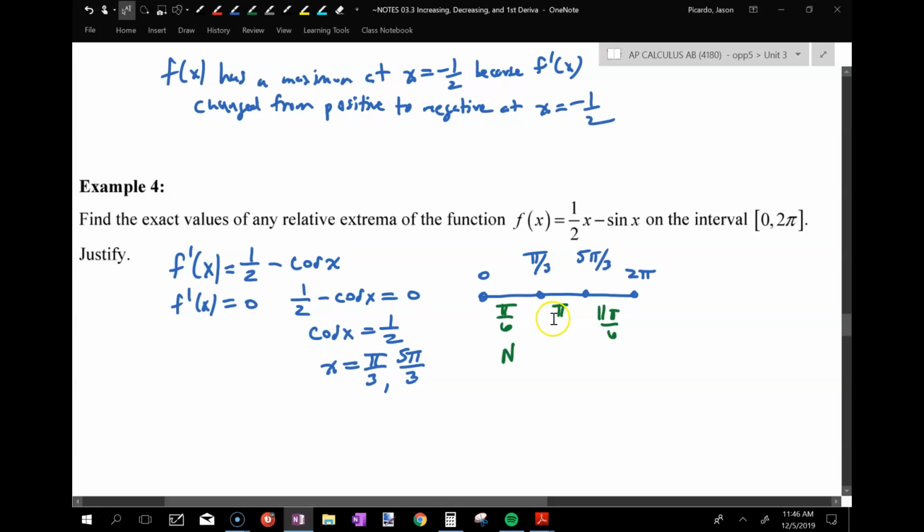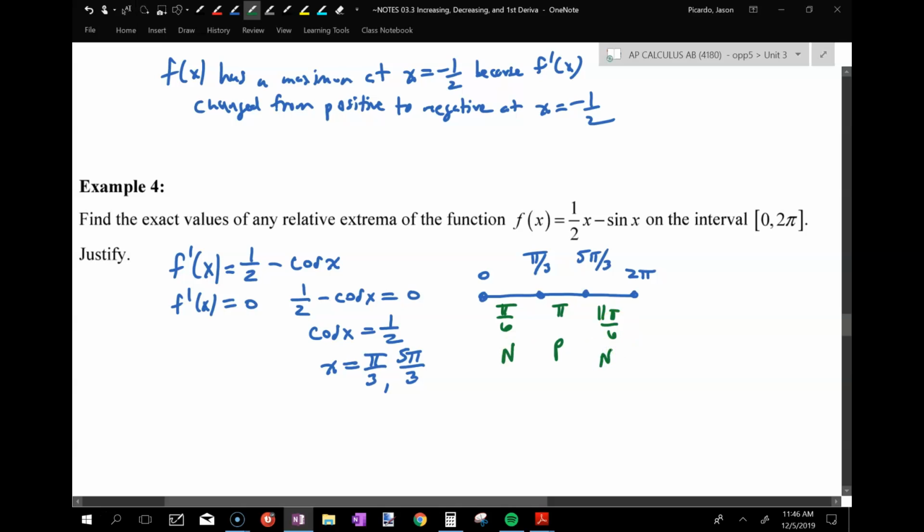Okay, what if I plugged in pi? What's cosine of pi? Cosine of 180? -1. What's 1/2 minus -1? Positive. And guys, 11 pi over 6, isn't that going to give me the same thing as pi over 6? It's going to give me another negative.